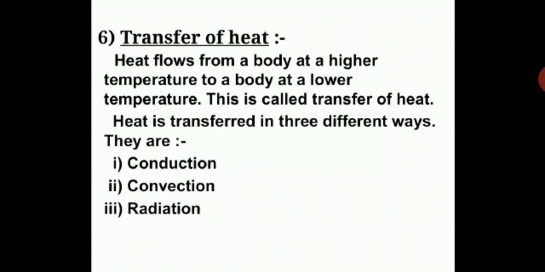Heat flows from a body at a higher temperature to a body at a lower temperature. So how does the transfer of heat take place? From a body which is at a higher temperature to a body at a lower temperature.